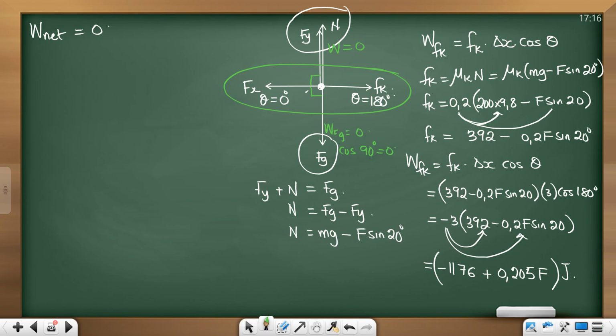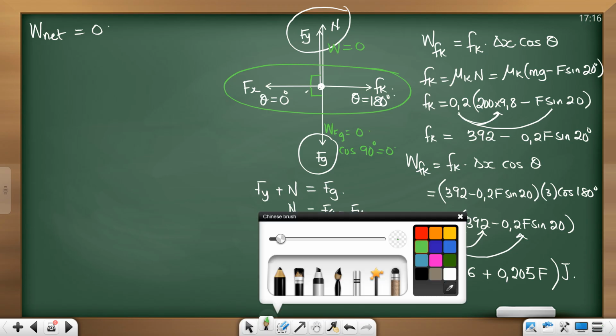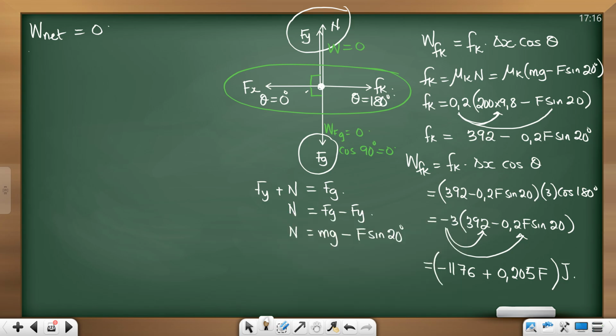Are we okay? So what forces are now working? Please, I want you to do the calculation for me. We are now saying work done by what? Fx plus work done by what? Friction must be equal to what? How do we calculate work done?